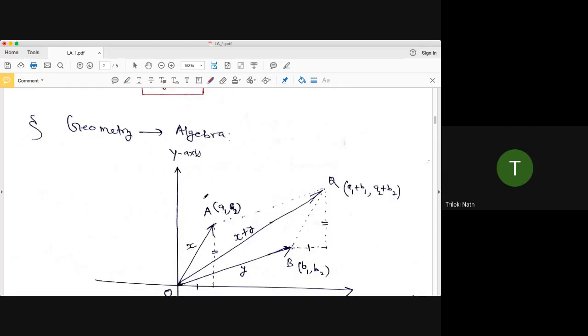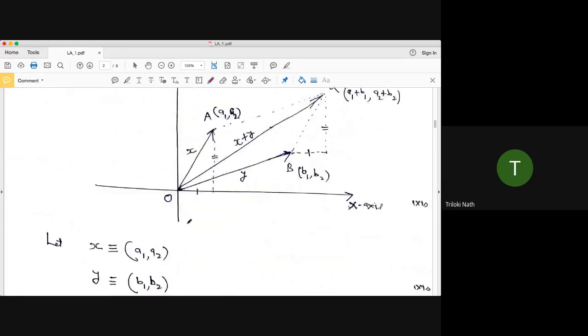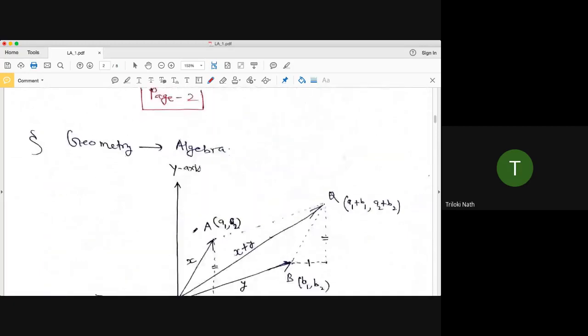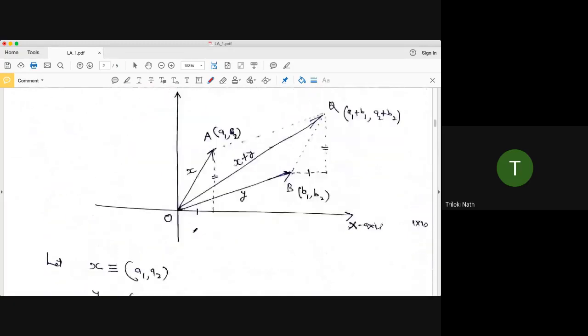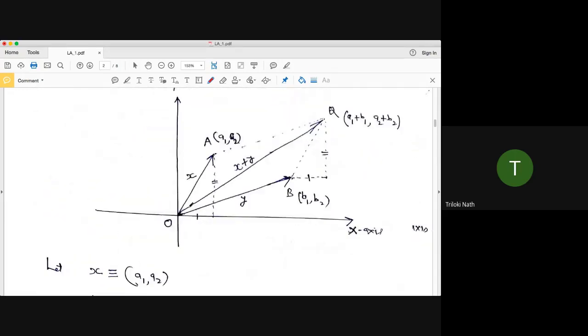So how to add two vectors in terms of algebra? Let us find a very easy way to add two vectors. Suppose the vector x is (a1, a2) and vector y is (b1, b2). What does it mean? Suppose A is a point having the coordinates a1 and a2.